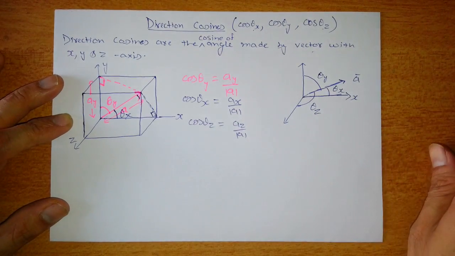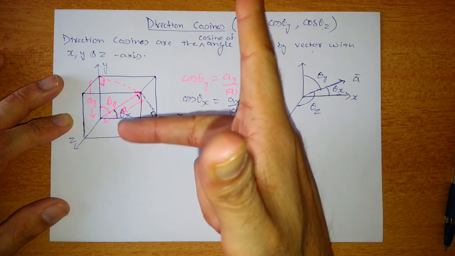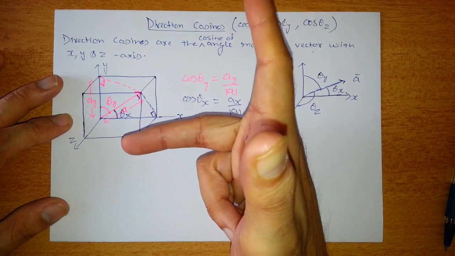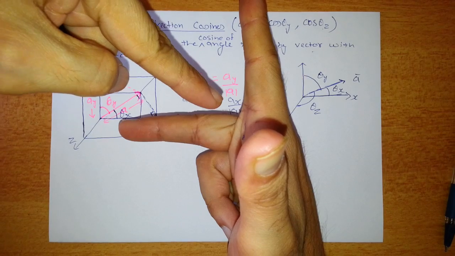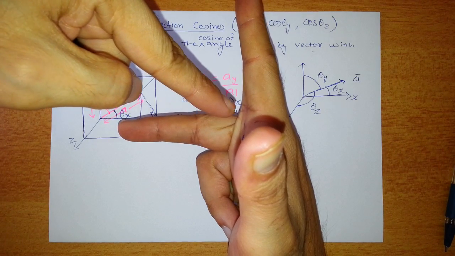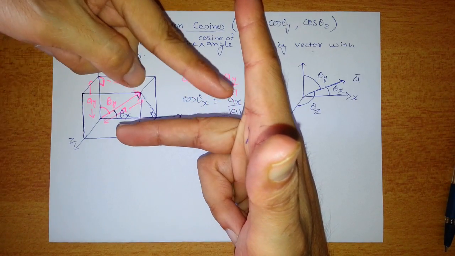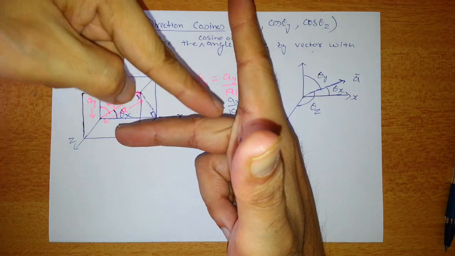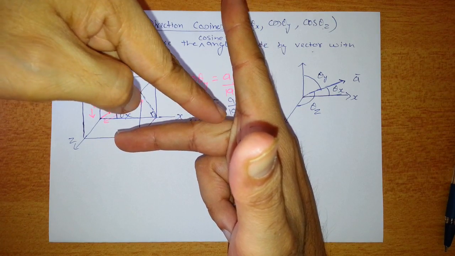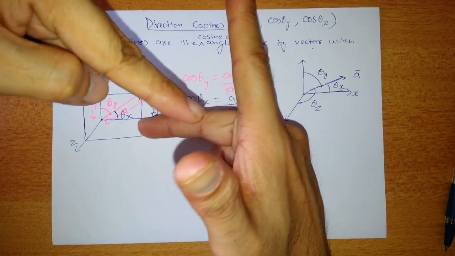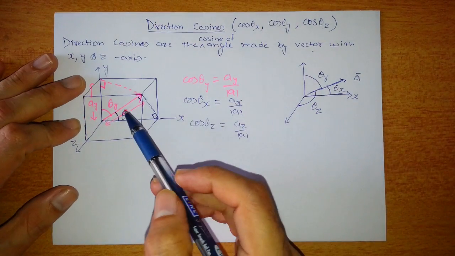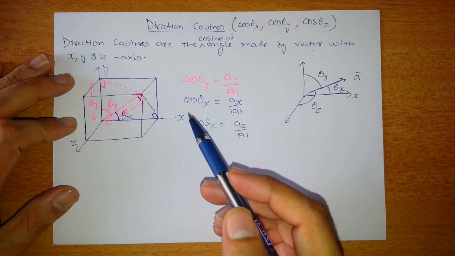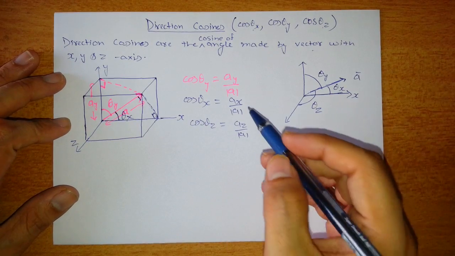You need to visualize. Just look at my hand. Let's say these are the three axes x, y and z, and the vector is like this. The vector is not in the plane of x and y, neither in yz. So this angle is the angle made by a vector with the x-axis, y-axis and z-axis.